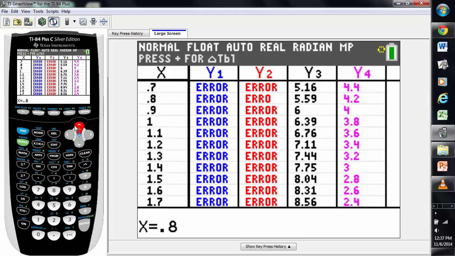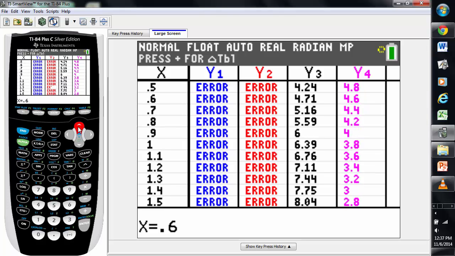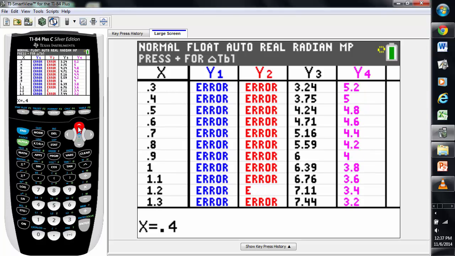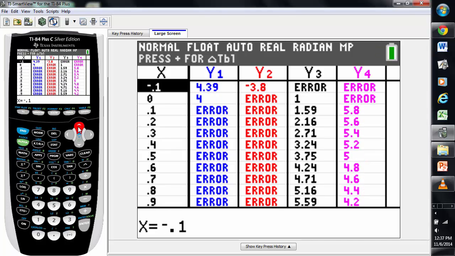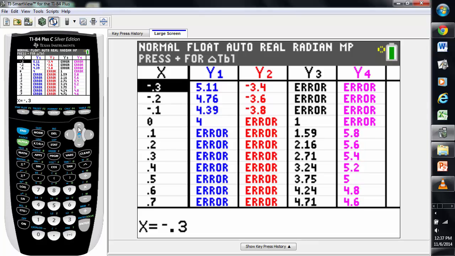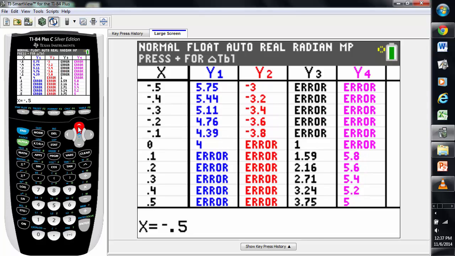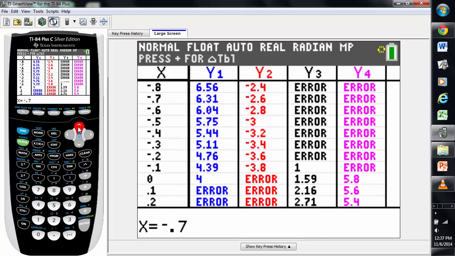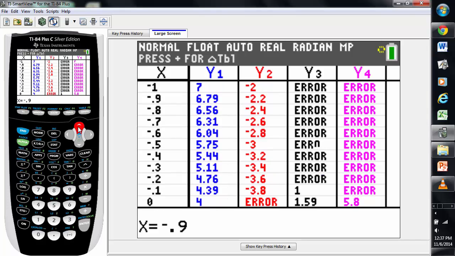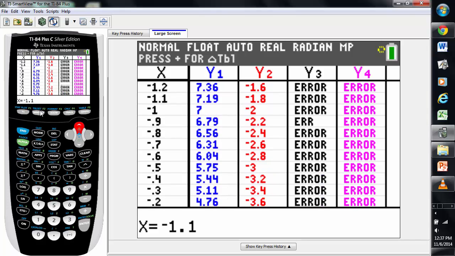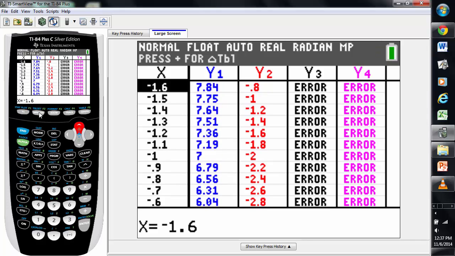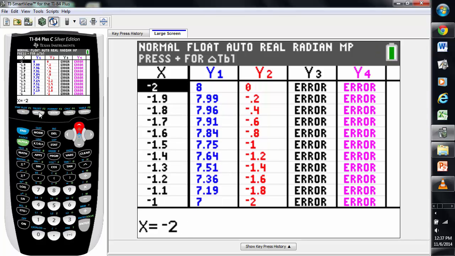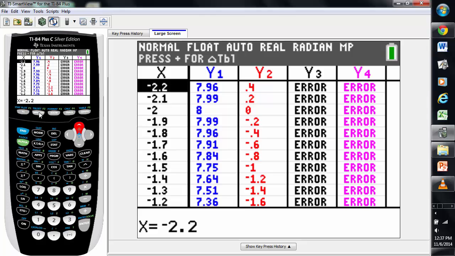Keep going there, big guy. This is ridiculous. I'm going to go second, table set. I guess you can see it.